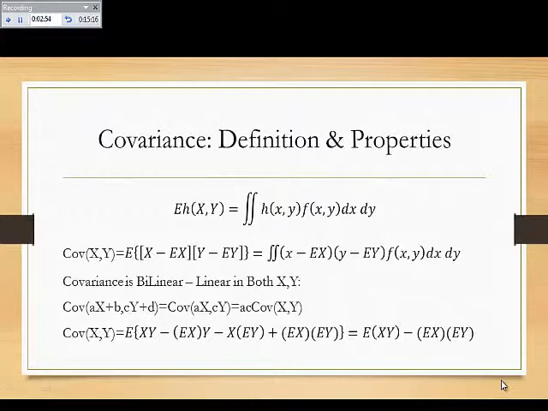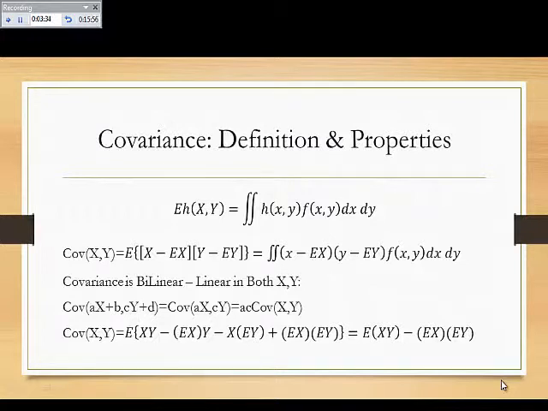So the b and the d don't matter. The covariance of aX plus b, cY plus d is the same as the covariance of aX and cY. The b and the d drop out, and then the a and the c can come out. So the covariance of aX, cY is the same as a times c times the covariance of X and Y. That's part of the linearity.